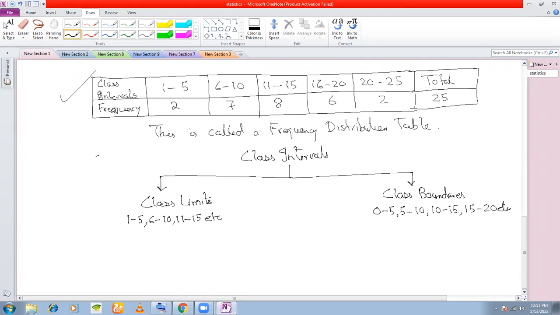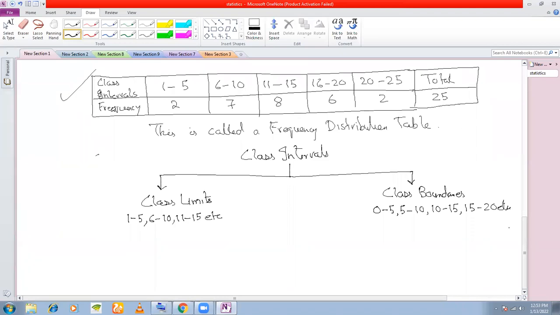What is the difference between these two, class limits and class boundaries, from observation? Anyone? So in class limits, we are taking it from 1, while in class boundaries, we're taking the distributions from 0. No, not only that, you can have class boundaries even from non-zero numbers.